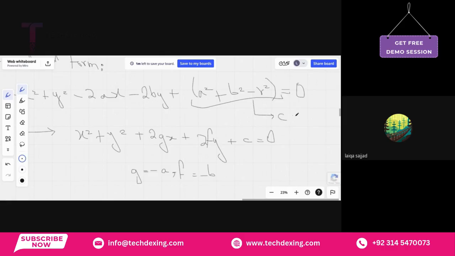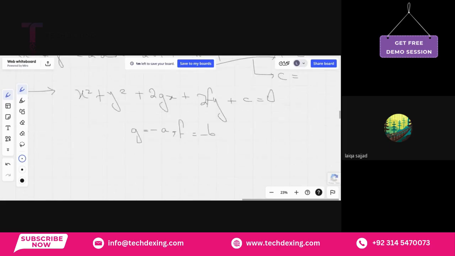So from this form, you can simply conclude that the center will have the coordinates minus g and minus f. Or if you have written the equation in the form where it's minus 2a x minus 2b y, you can say that it will have the coordinates a and b.